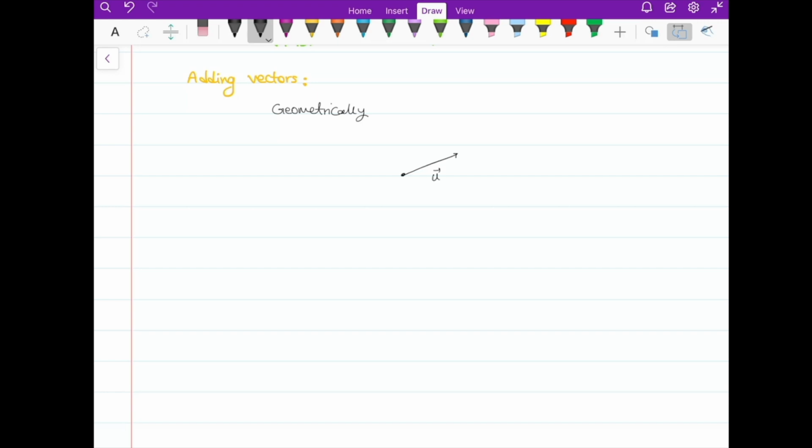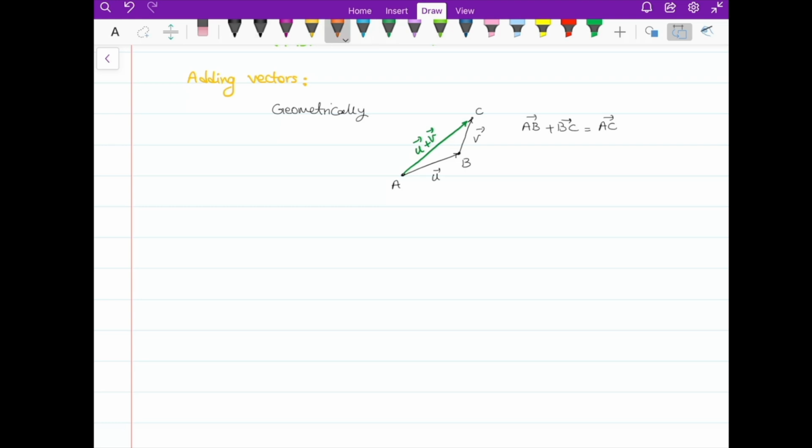I'm gonna call it U, starting at the point A to the point B, and then I need to put the second vector that I want to add to the first vector, and this vector I'm gonna call it V, to the end point of the first one, and this is the point C. So the vector AB, I'm gonna add it to the vector BC, okay, and I'm gonna get the vector AC. Where's the vector AC? Is right there, and this vector would be U plus V.